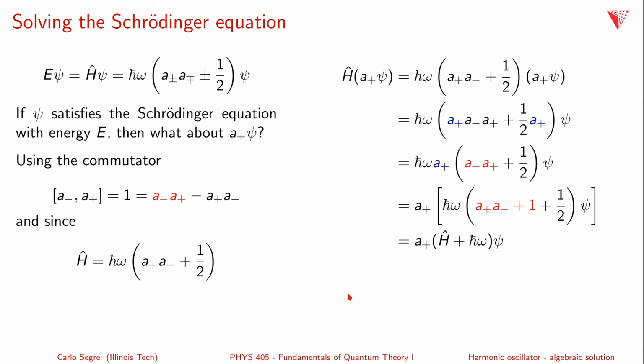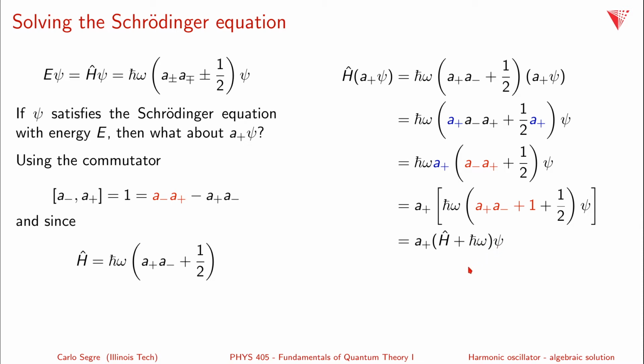So this gives me A plus times the Hamiltonian, which includes this term and this term. And then I have left over an h bar omega times 1. And so this is just A plus times the Hamiltonian plus h bar omega, all applied to psi.